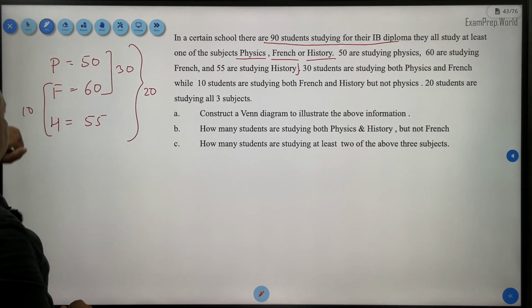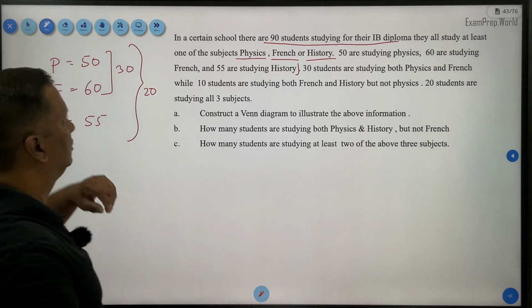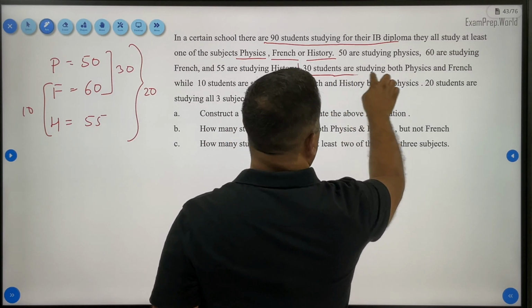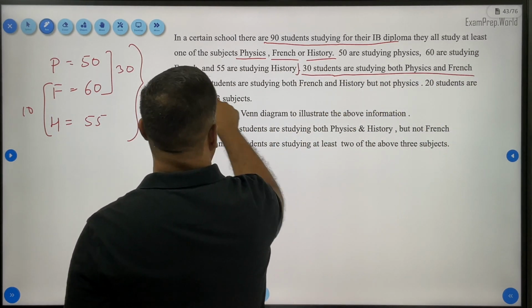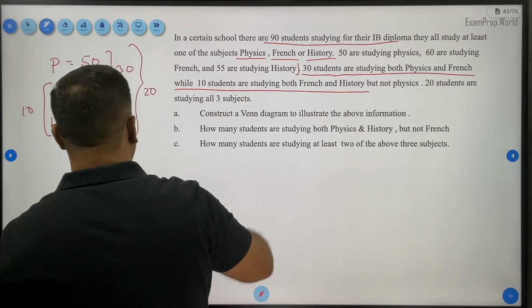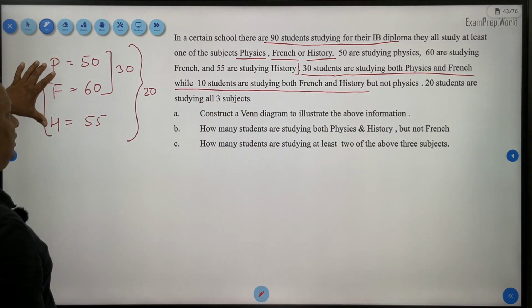There is nothing common between physics and history.